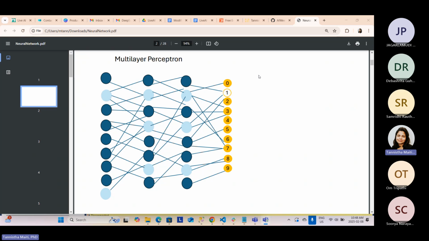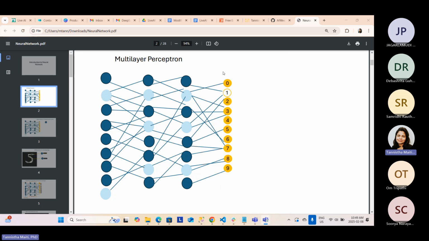So what is that? It's a very basic form of neural network where you have weights and biases, which are the trainable parameters that you train to get some probability value for your output.